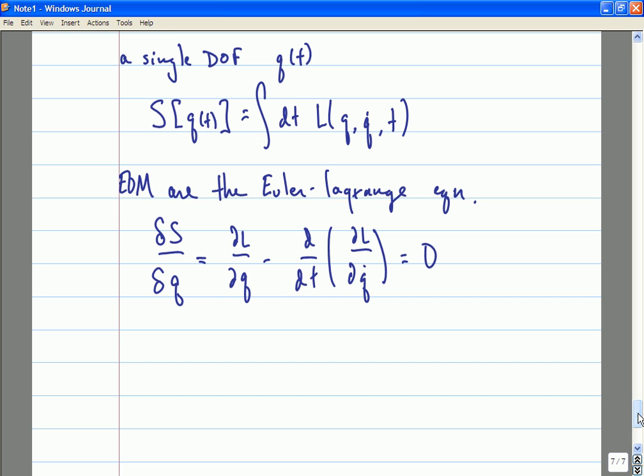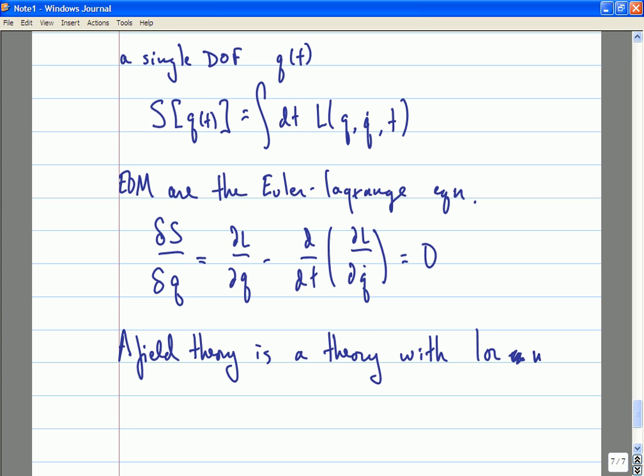This single degree of freedom is a function of time, but general relativity is a field theory, just like electromagnetism. And a field theory is a theory with one or more degrees of freedom per point in space-time.